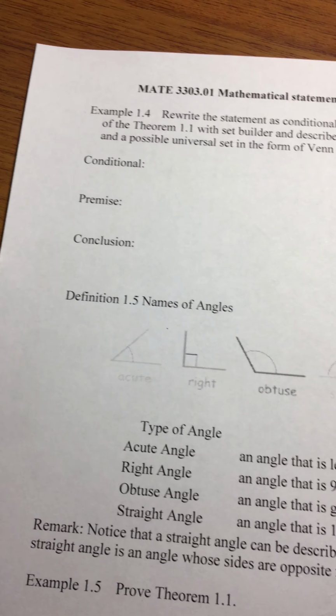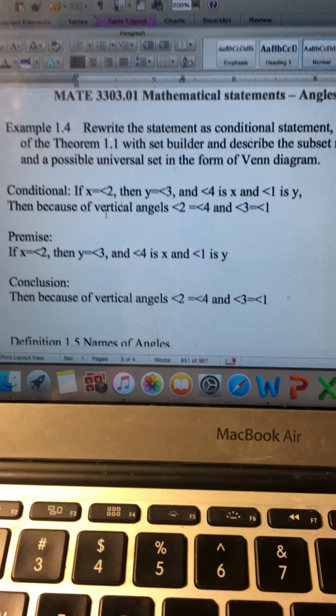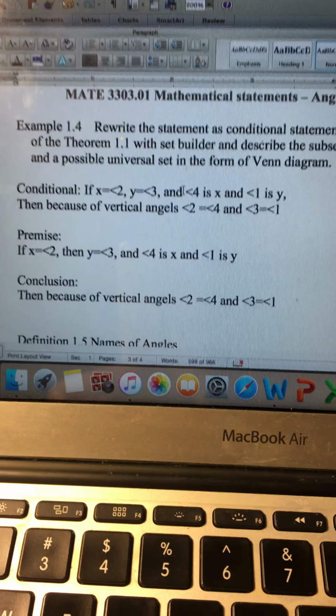I'm going to show you on my computer. I'm pretty sure you all can see. So the condition is if x equals 2, y equals 3, the angle 4 is x, and angle 1 is y, then because of vertical angles, angle 2 equals angle 4, and angle 3 equals angle 1.